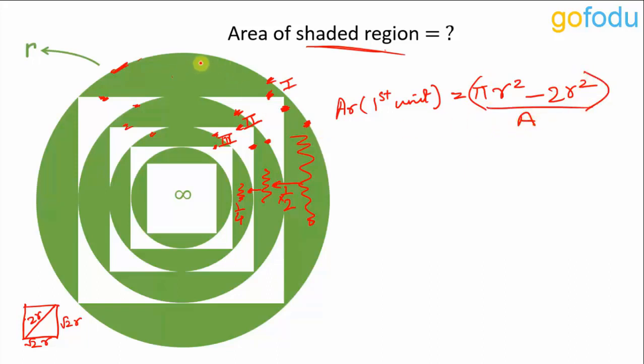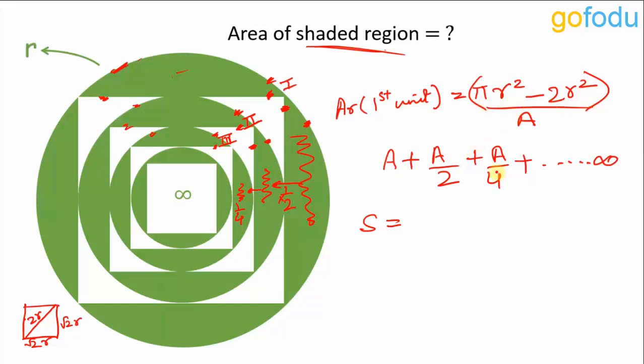This is the area of this green colored region in the outer unit. And the area of the green colored region in this second unit will be A upon 2. Going inside, we will have A upon 4, then A upon 8, and so on till infinity. Now this feels like a GP, looks like a GP, it is a GP, the sum of which will be A. I can take it out common outside the bracket.